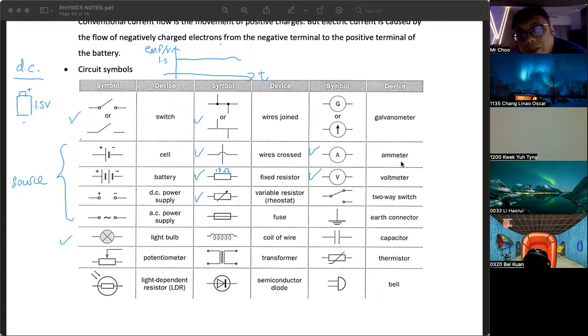It doesn't measure the value of the current. So for example, if you put this galvanometer along the circuit, and there's a current going through, the meter will move. When the meter moves, it means there's current. If the meter doesn't move, there's no current. So this is called a galvanometer.